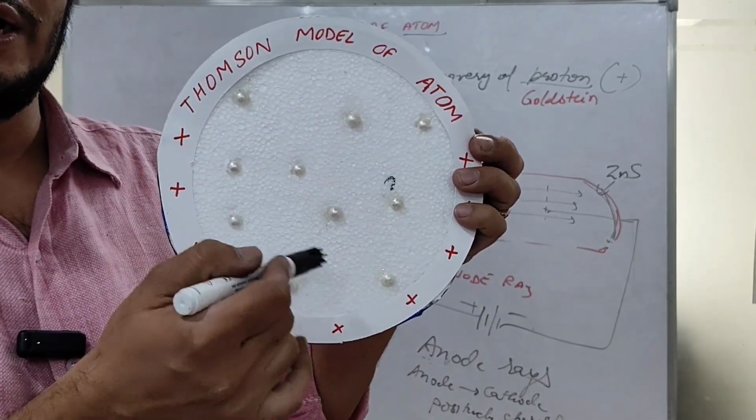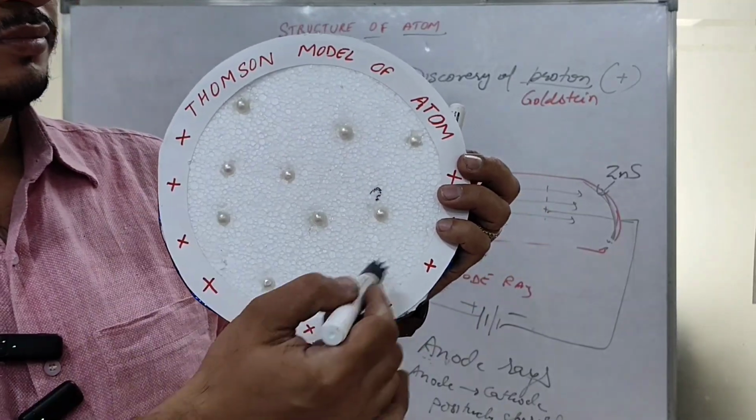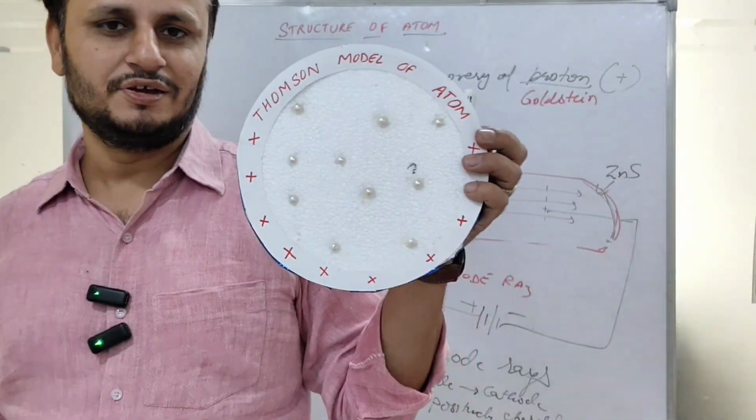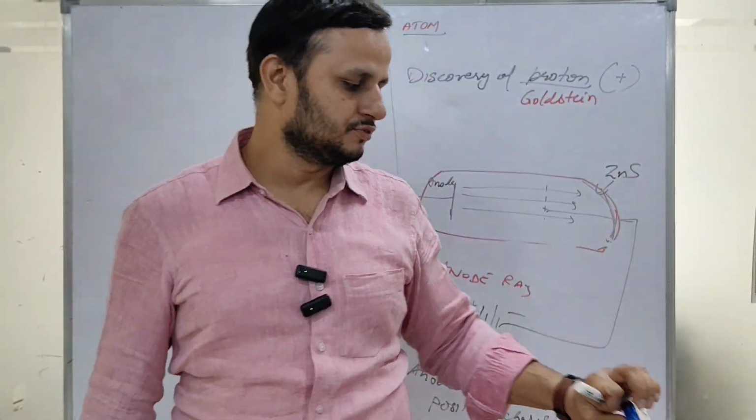Similarly, electrons are distributed randomly, and outside the boundary is positively charged.